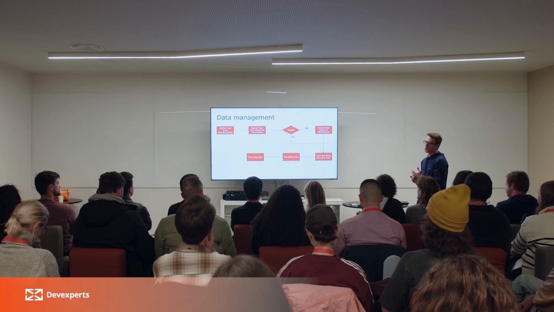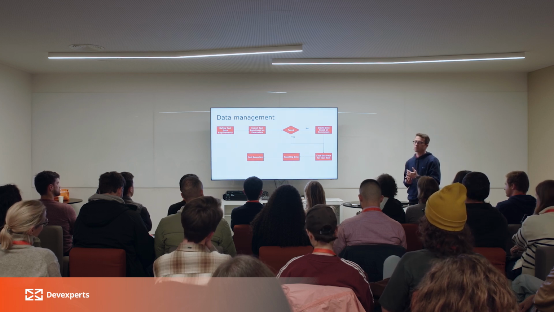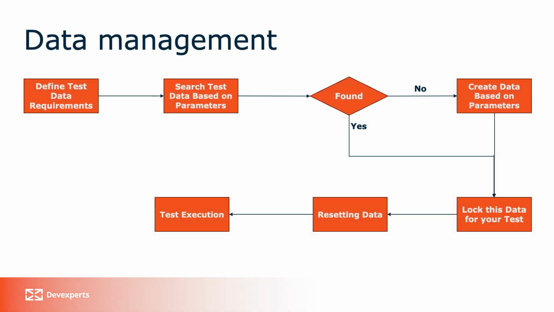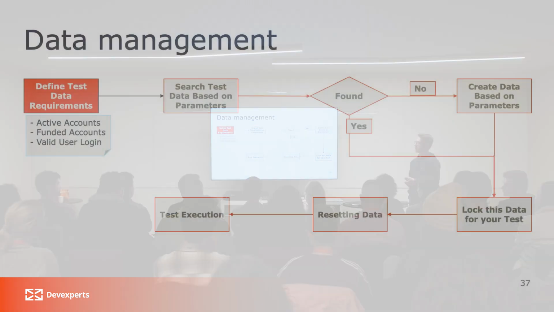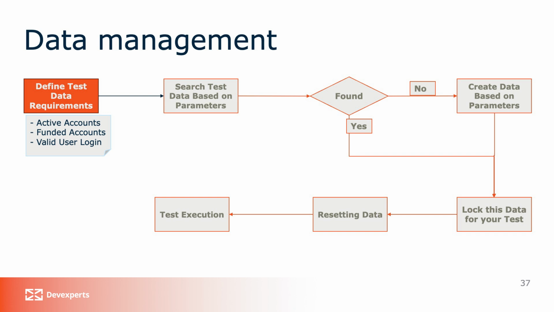So here I brought one example of how we are managing and handling our test data in our test cases. For example, for accounts, our first step is defining test data requirements. So again, for accounts, we use active accounts, funded accounts, valid user logins. So for each test, we think about the data requirements.